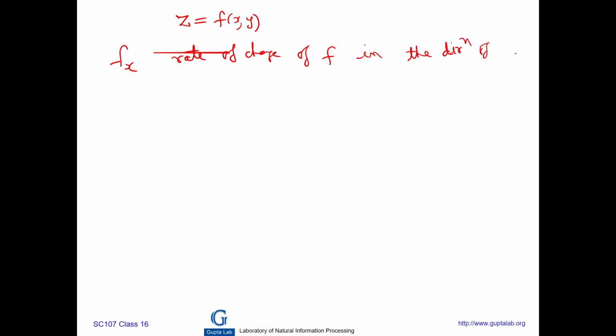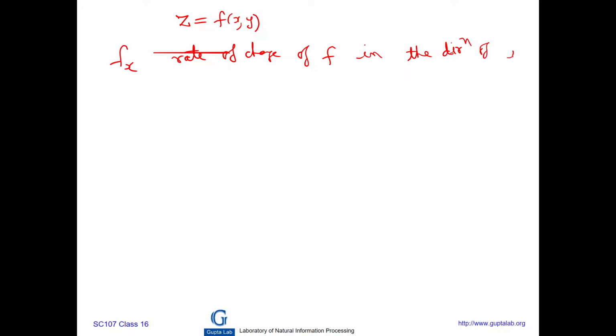So let me actually write it down. Basically we have z is equal to f of x comma y. This is a two variable function, so basically it's a surface, right? Some surface, fine. So f_x represents the rate of change of f in the direction of i. i is the unit vector.